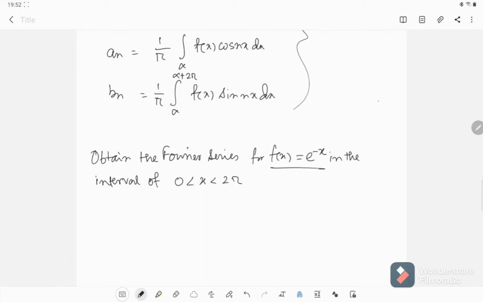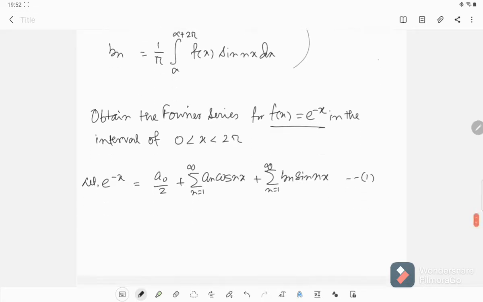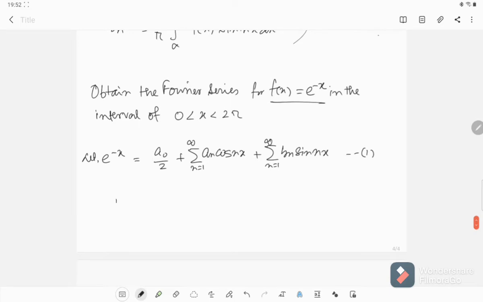So let's write here. Let e to the power minus x is equal to a0 by 2 plus the sum from n equal to 1 to infinity of an cos of nx plus bn sin of nx. Let's give it equation number 1. Now what we can do, a0 is equal to 1 by pi, and we have the lower limit 0 and upper limit 2 pi.